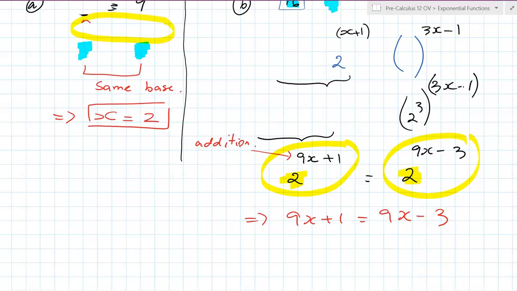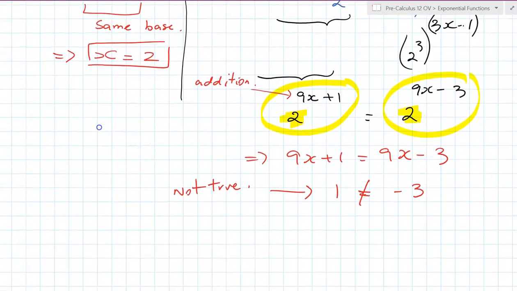But in this case, you notice that that will tell you 1 is equal to -3. When you solve for x, the x's will go away. But this statement is not true, obviously, because 1 is not equal to -3. So what can you say?